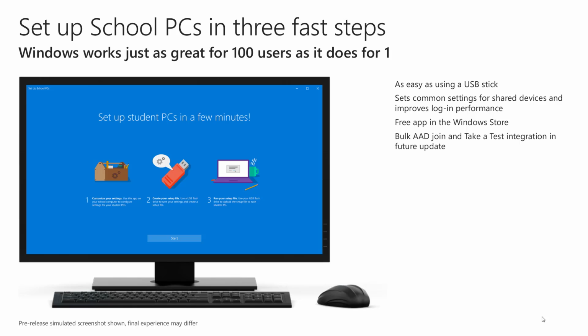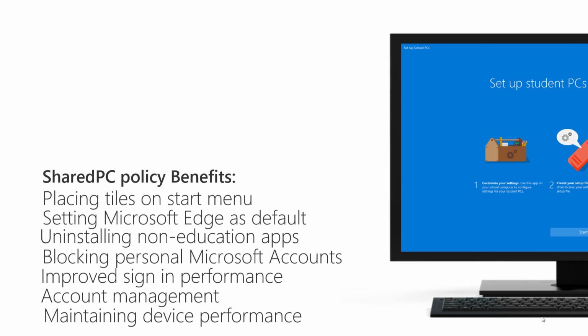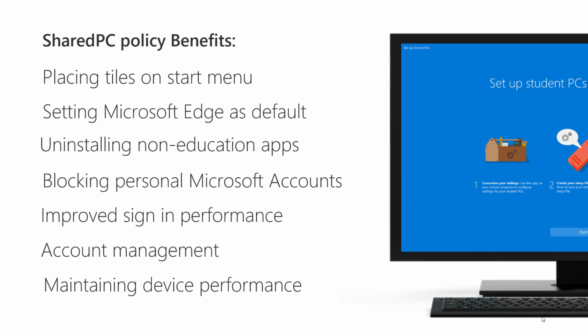Now this is an app that you can grab from the Windows Store, so anyone can grab this and take a look at it to see what it does. And one of the things that's been added is the Azure AD join capabilities. So what do we get when we use the Setup School PCs app? Well, we could put tiles on the start menu, we can set Edge as the default browser, we can uninstall apps that were pre-installed by the OEM.